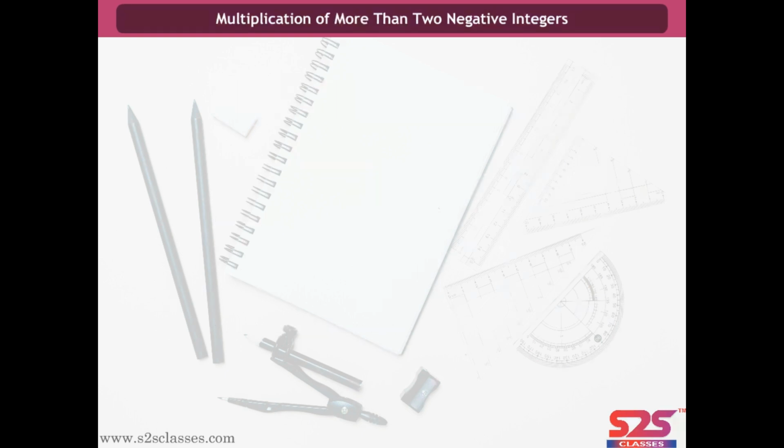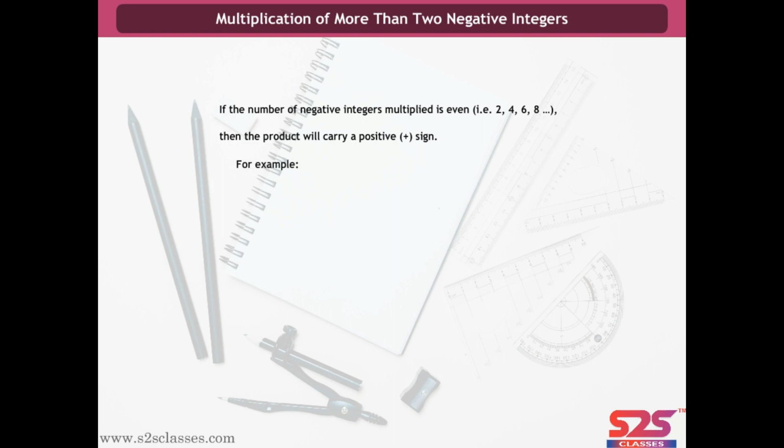Multiplication of more than two negative integers. If the number of negative integers multiplied is even, that is 2, 4, 6, 8 and so on, then the product will carry a positive sign. For example, minus 5 into minus 8 into minus 3 into minus 4 is equal to plus 5 into 8 into 3 into 4, which is equal to 480.